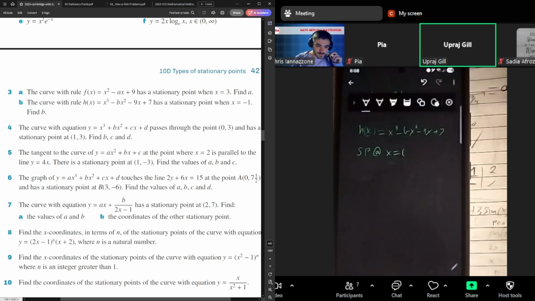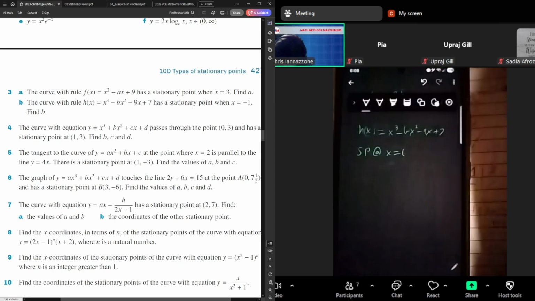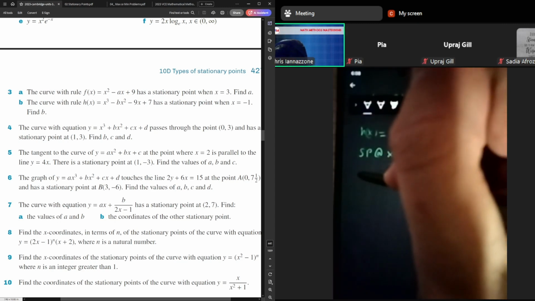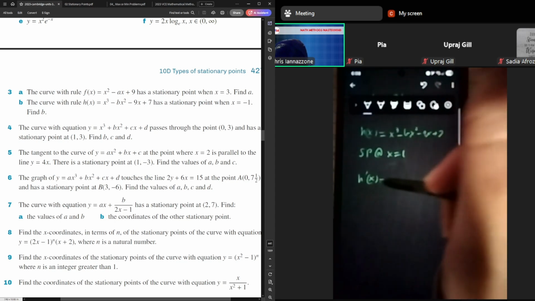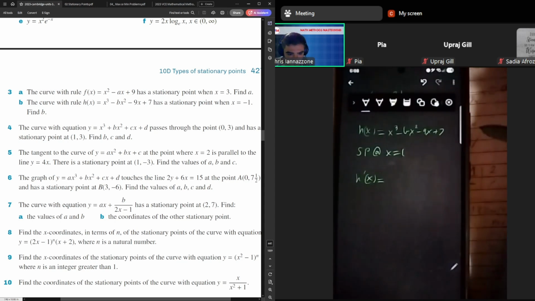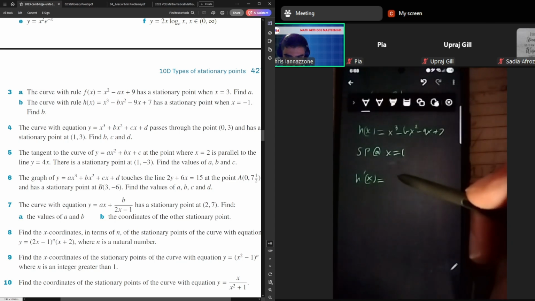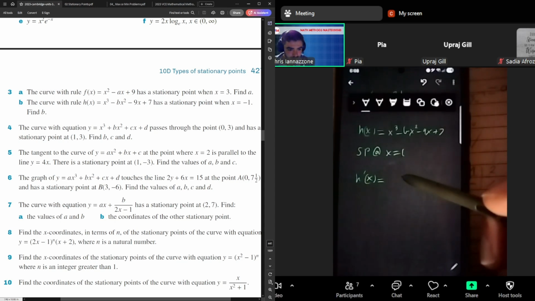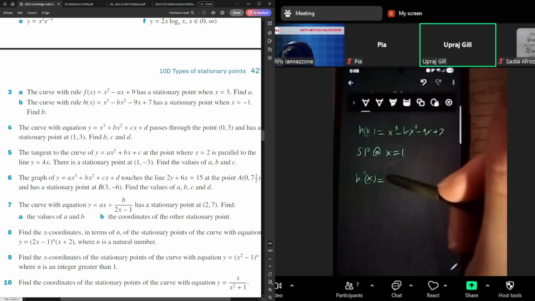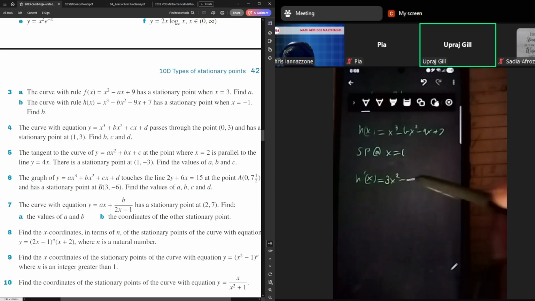Find h dash of x. Yep, h dash is a great start. What's it going to be? Is it 3x squared minus 2bx minus 9?